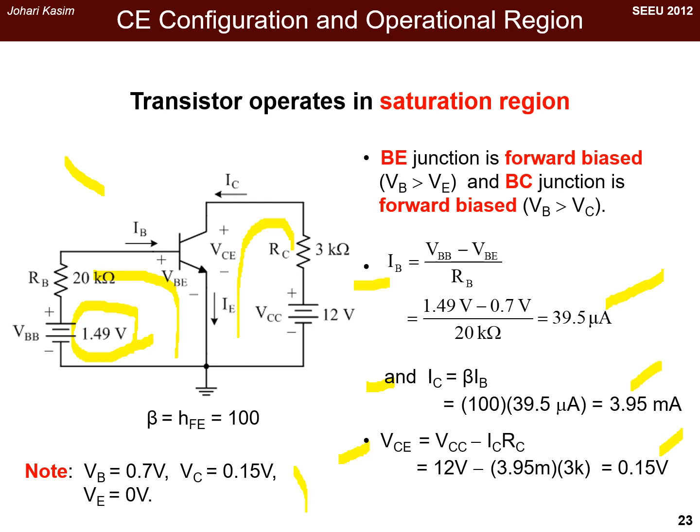So we can also get the base voltage, collector voltage, and VE voltage. After we get the values, we can know that the BE junction is forward biased and the BC junction is forward biased.